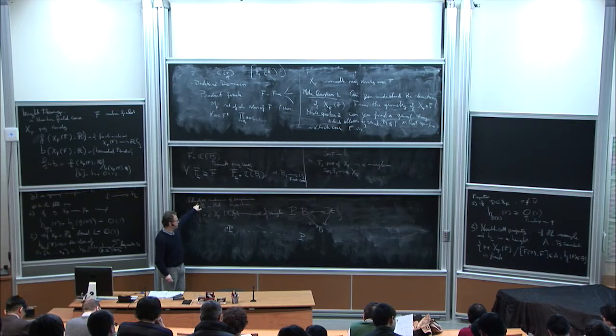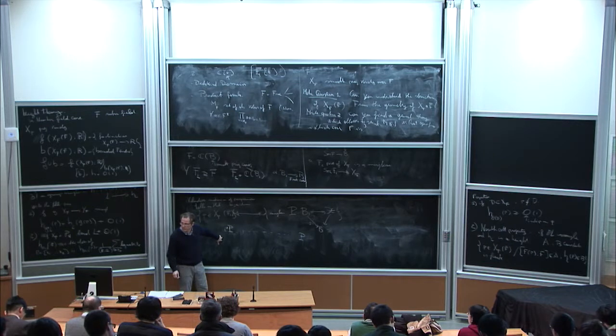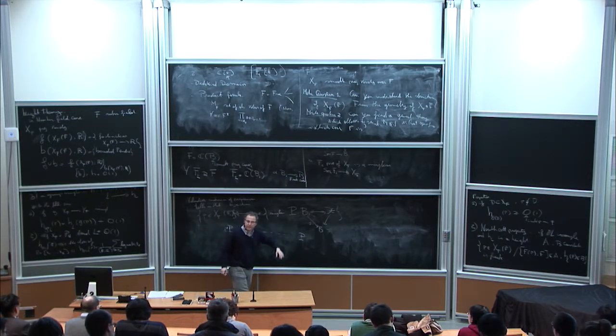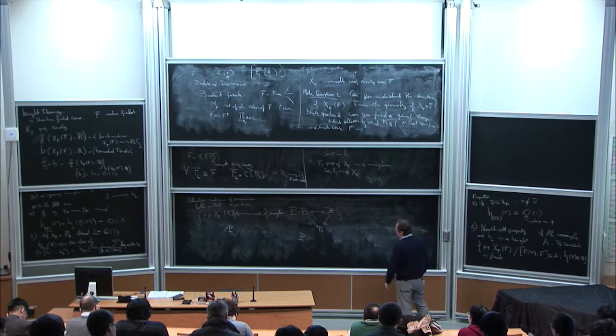The criterion says that this is a bijection. So each time you have a point here, you can extend it to a morphism from a curve. Okay?